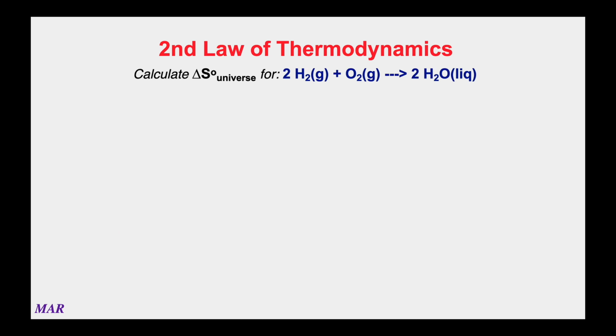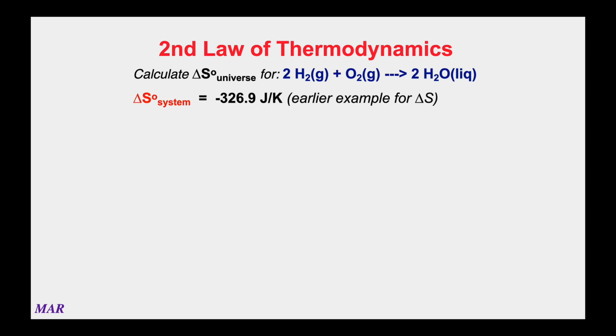Let's go back and look at this reaction real fast. We're going to calculate the delta S of the universe for hydrogen and oxygen making liquid water. And earlier in examples, we did both the entropy calculation, which is delta S of the system, by the way, and we also did the delta H calculation, which is going to be related to delta S of the surroundings.